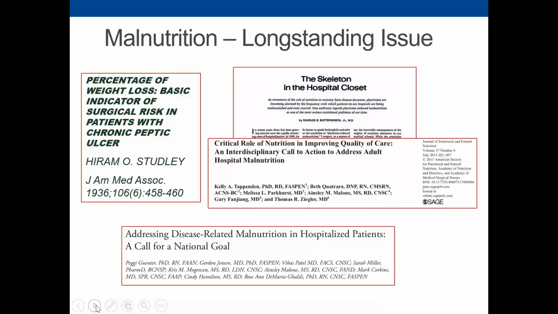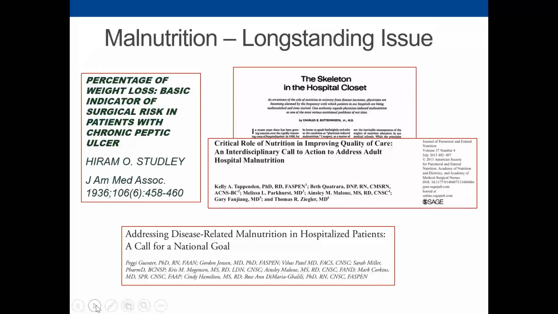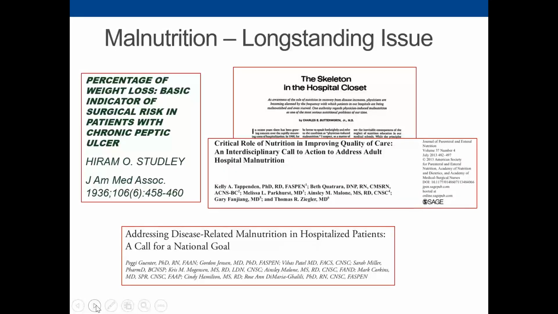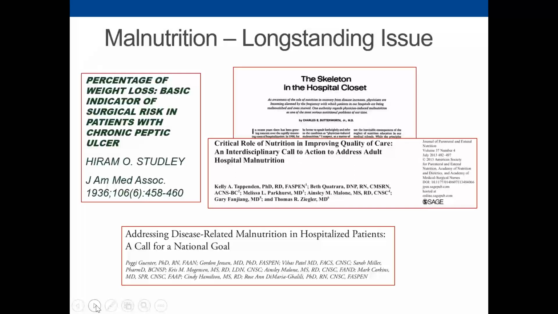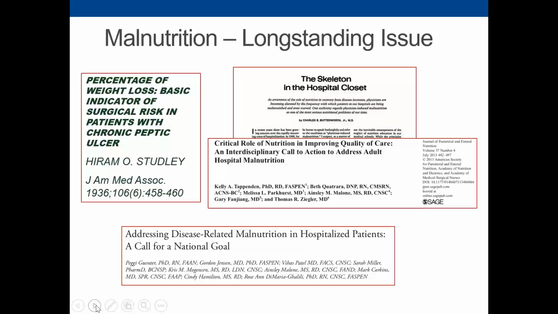Hiram Studley was a surgeon, and he began to recognize that his patients who needed surgery for peptic ulcer disease who lost weight, more of those individuals died compared to those that didn't lose weight. And so to me, this is really fascinating that something such as this happened so long ago, but clearly was the beginning of what we now know is malnutrition and the negative outcomes associated with it.